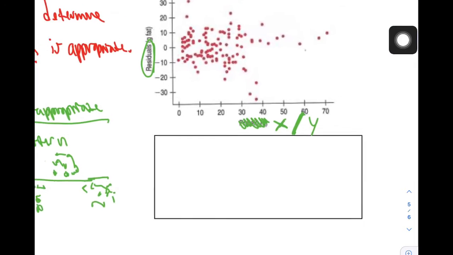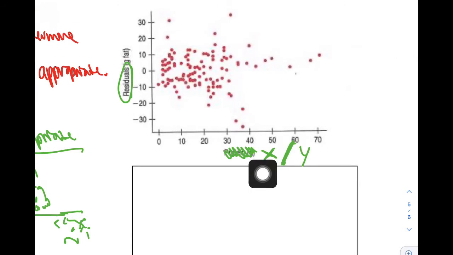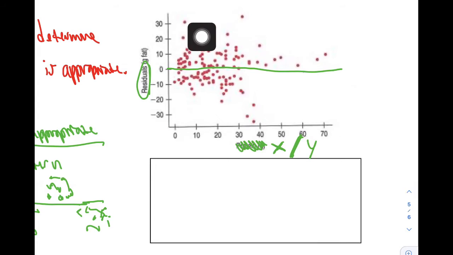In this case where we see a residual plot, we know it's a residual plot because residuals are one of the axes. You have this line going across at 0. And if you look at this scatter plot, it's pretty random.